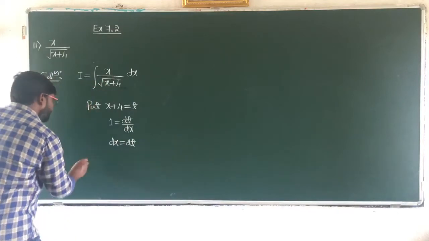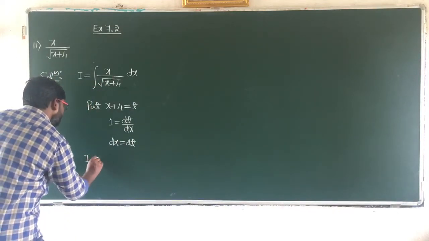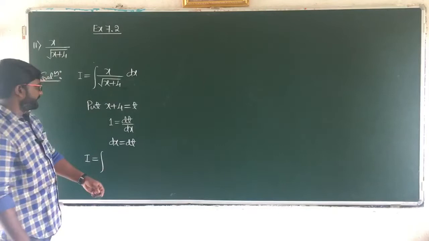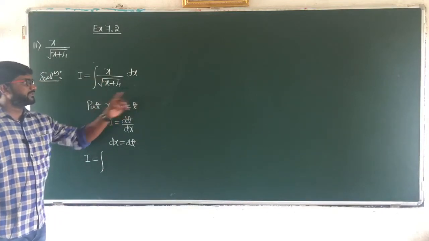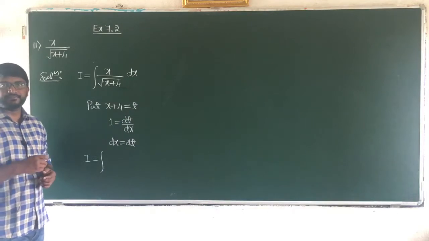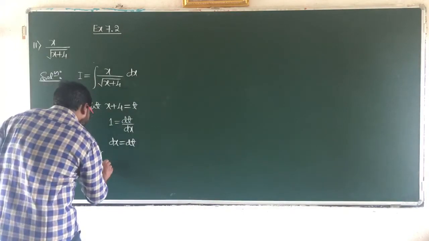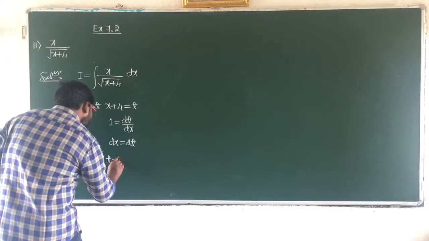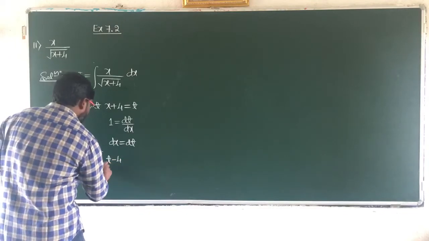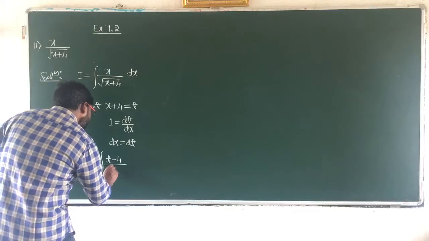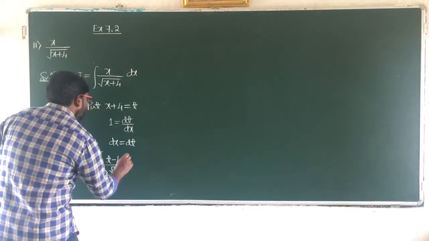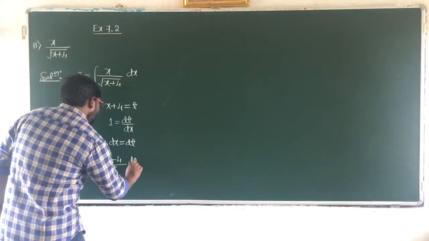Rewrite the integral I, which is equal to the integral. So here what is x now? Take 4 to the RHS, it becomes t minus 4. So in place of x I can write t minus 4, then divided by root t. dx will be dt.